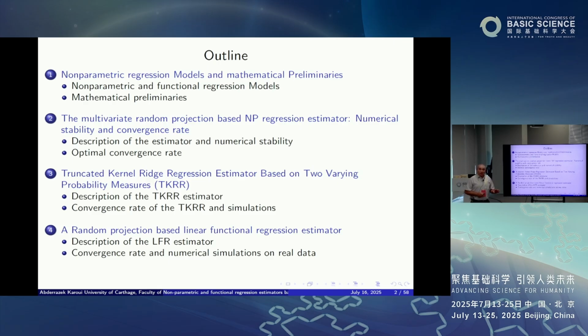For functional regression estimators, this is very interesting because we are not dealing with samples of random variables. We're dealing with stochastic processes, and one can handle large data by using the functional regression estimators.